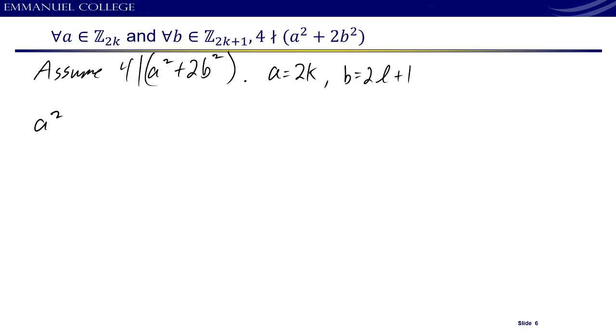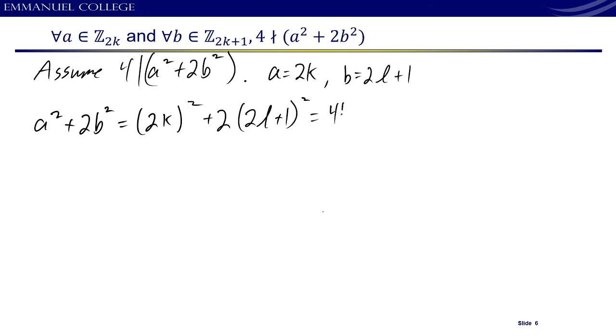So then when I do this, I get a squared plus 2b squared is equal to (2k) squared plus 2 times (2l plus 1) squared.